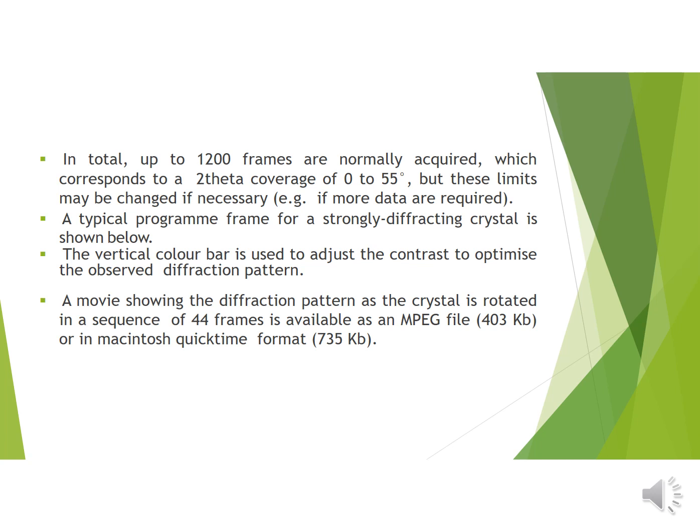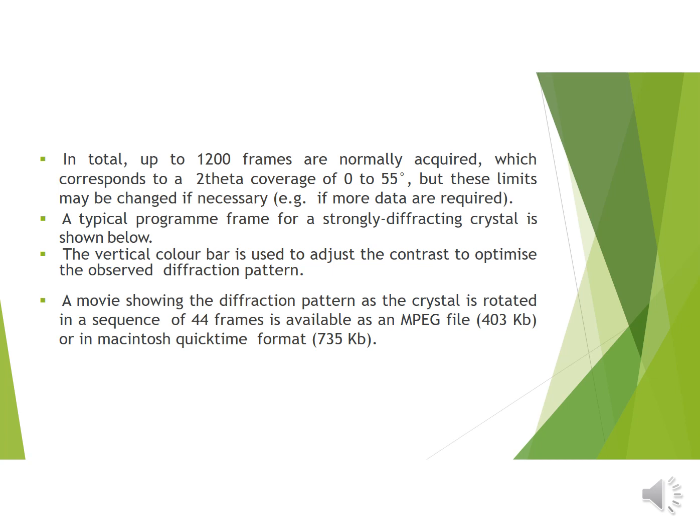For 2 theta coverage from 0 to 55 degrees, in total up to 1200 frames are required, but this limit can be changed if more data is required. We can say that if we require more data, we can change this number of frames.